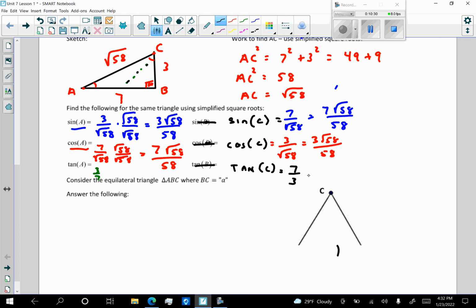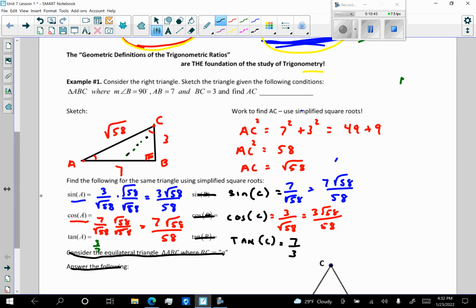When I was copying this for this particular presentation, this is part of the next page, so don't get confused on that. Let's go back in here and review this particular example.